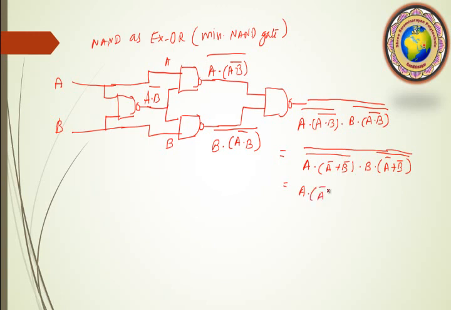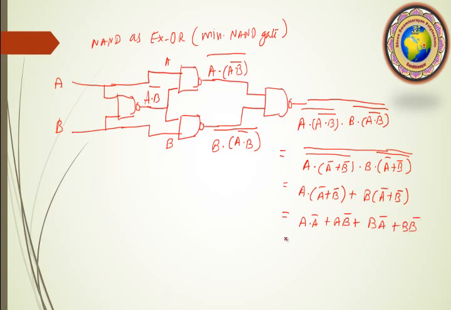So to simplify, I get A dot (A bar plus B bar) plus B dot (A bar plus B bar). Once again, using De Morgan's law for dot to plus, multiply to addition, we simplify the brackets: A B bar plus B A bar plus B B bar.